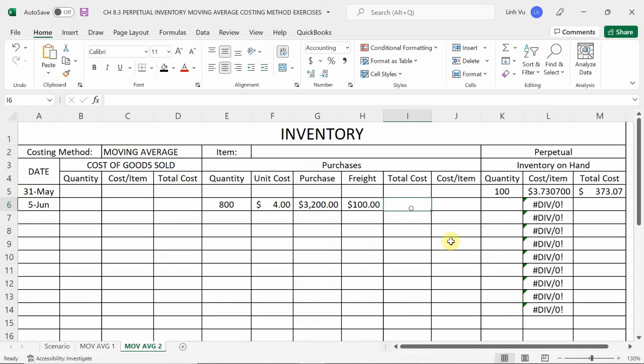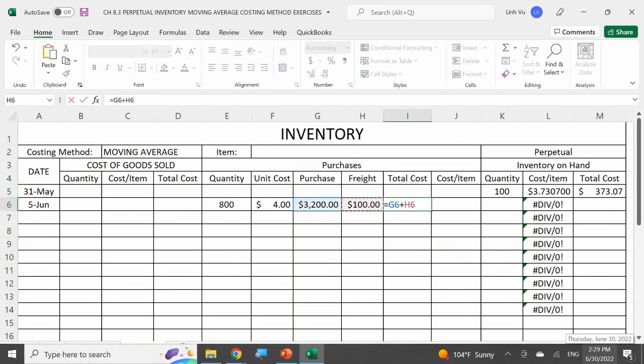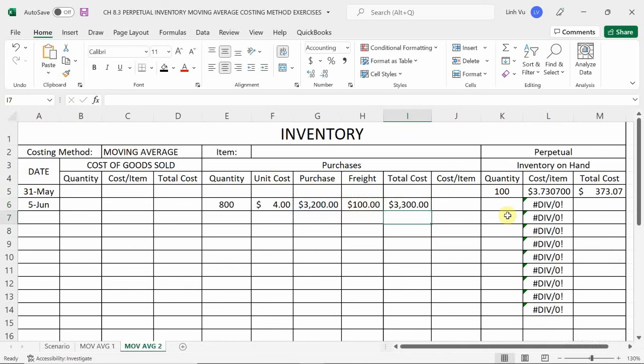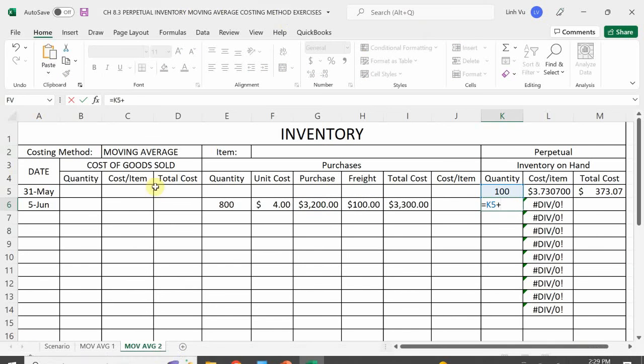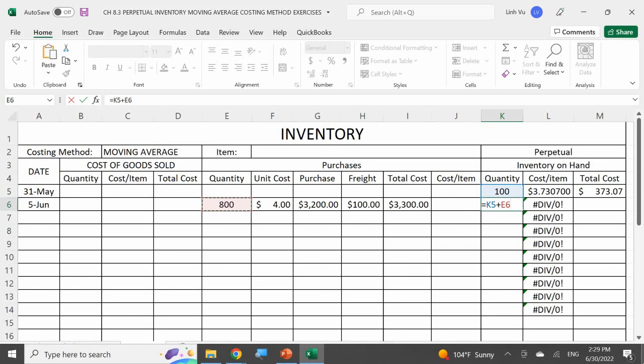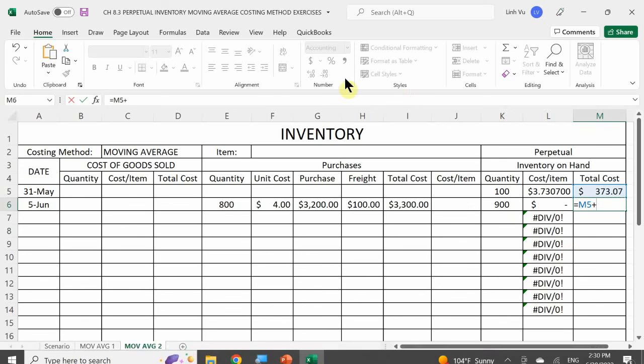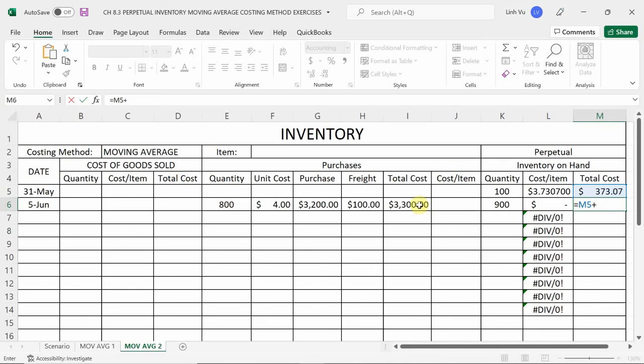Okay, plus 100, 3,300. So then now I need to change my quantity because I increased it by 800 units. So I should have a grand total of 900, with a grand total cost of $3,673.03. The 07. Oh, it's all separate. Okay, 3.7307.